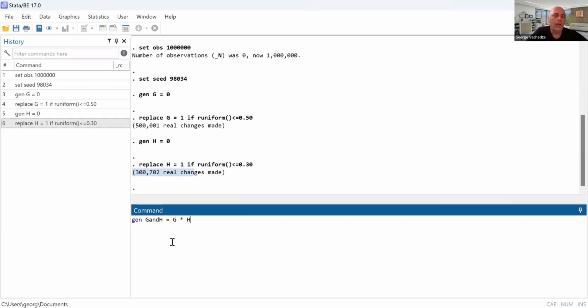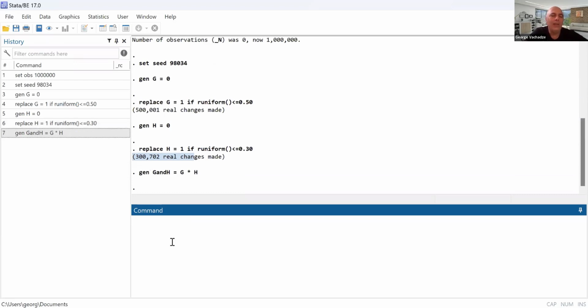Because g and h each have two possible values, 0 and 1, the product has only two possible outcomes. 0 times 0 is 0, 0 times 1 is 0, 1 times 0 is 0, and 1 times 1 is 1.